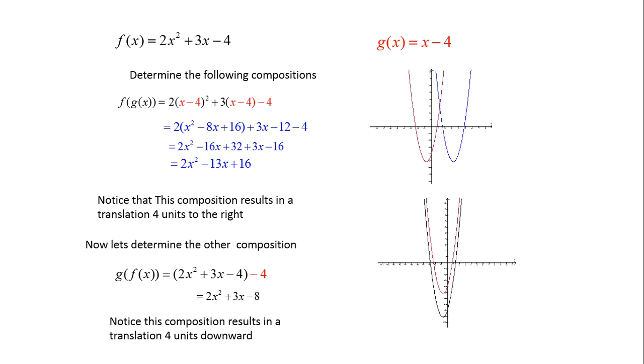Let's look at some other compositions. As I start this off by stating, not all compositions of functions result in translation. The previous two pages were showing that these compositions could result in translations, but that's not to say all compositions result in translation.